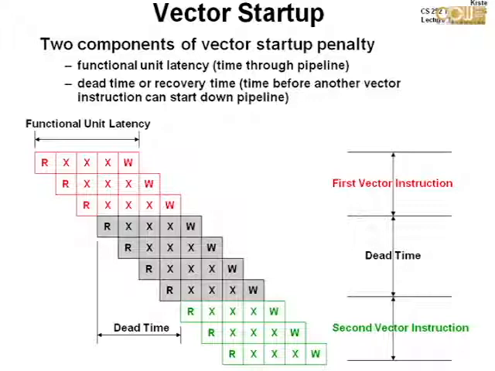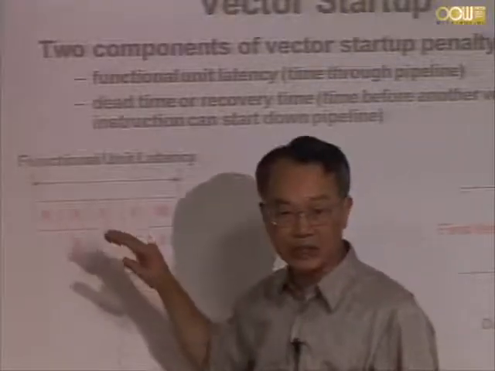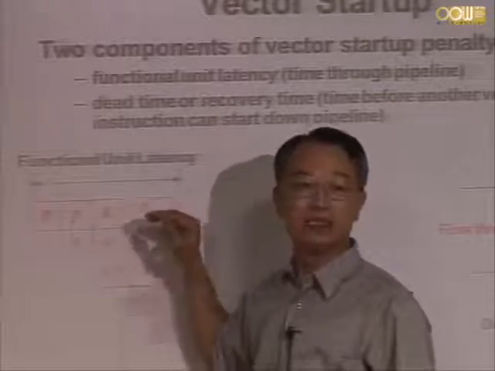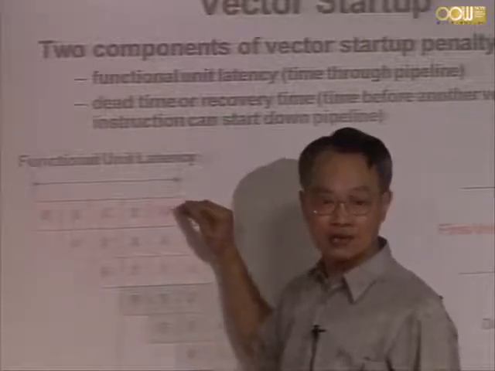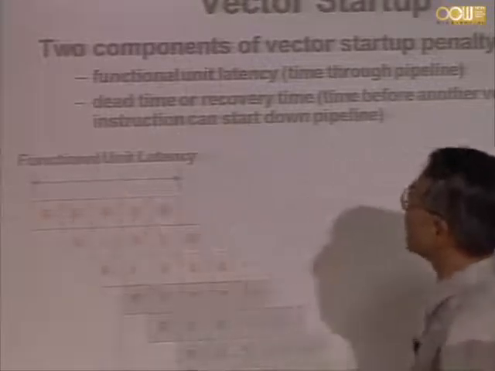So two components of vector startup penalty include functional unit latency. This is the function unit latency. It needs to read, process, and then write the result back. Remember, this is the operation occurring in the function unit. This is not an instruction.